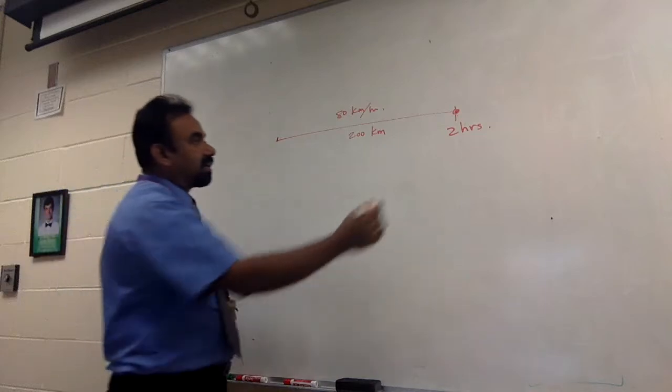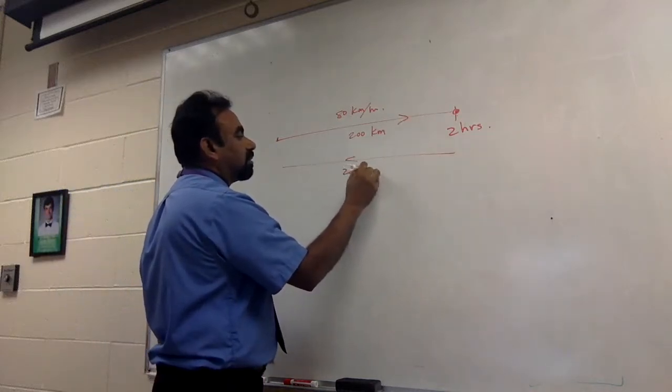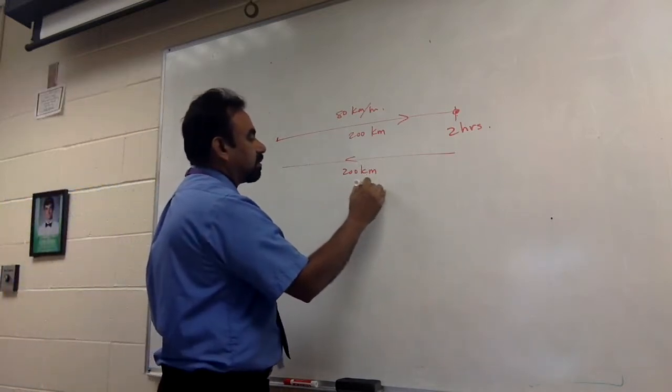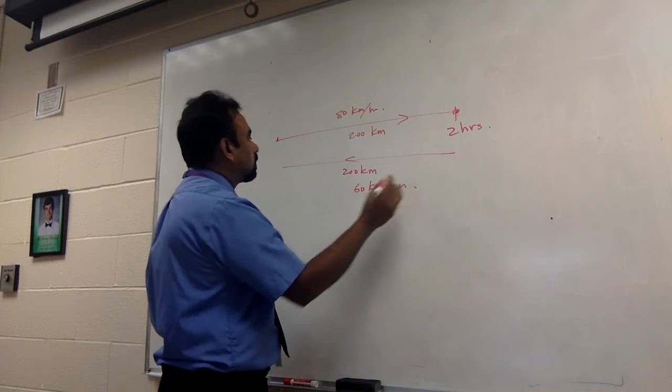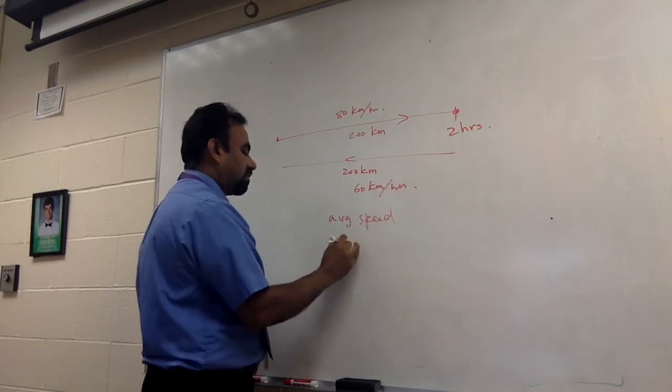And then you drive back 200 kilometers at 60 kilometers per hour. What's the average speed? What's the average velocity?